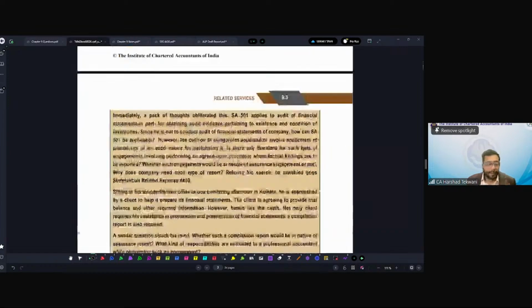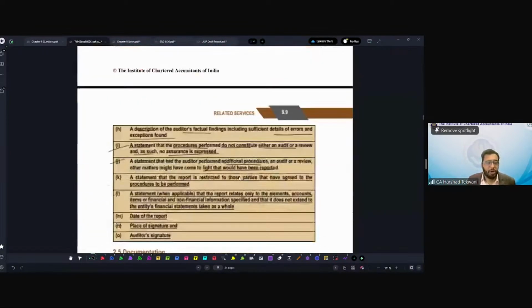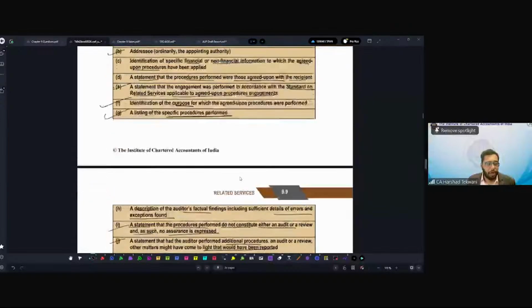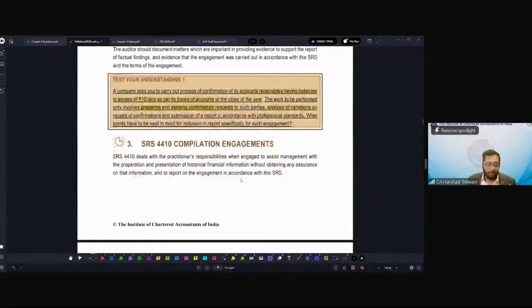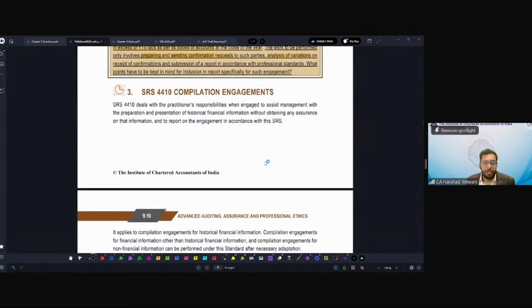Clear? Now, compilation engagement, SRS 4410, is there on your page 9.9. It is the engagement where the practitioner, by using his accounting and financial reporting expertise, assists the management.